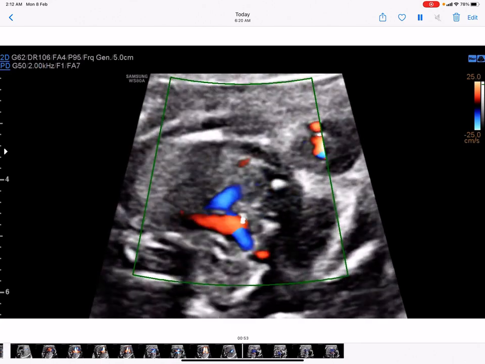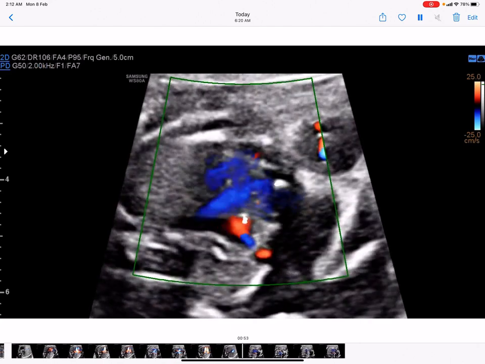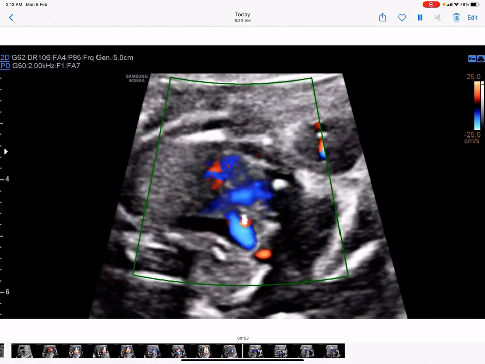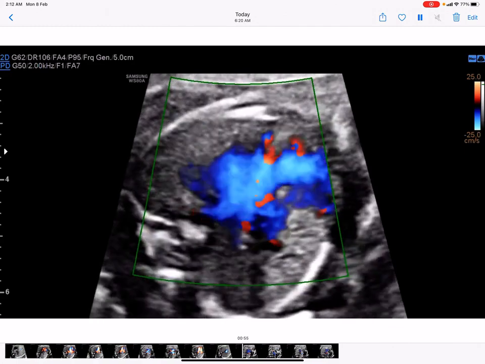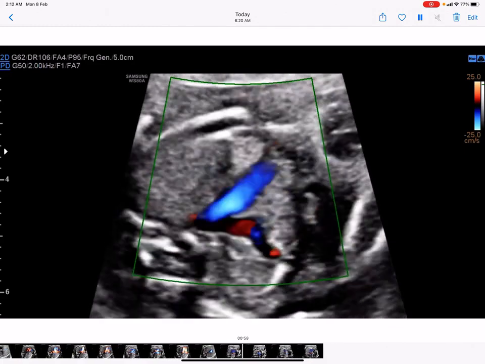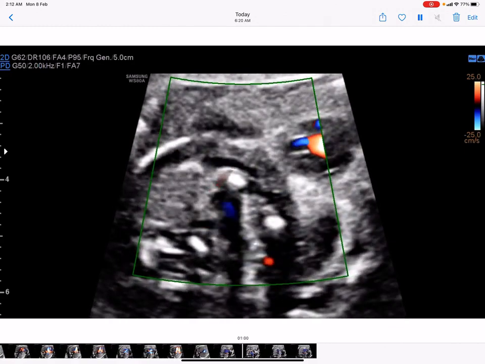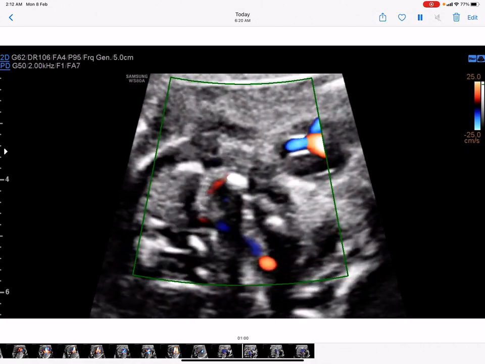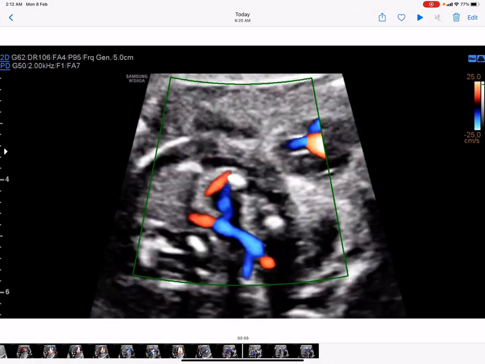Okay, now we can see that there is no vessel coming from the tip of the V confluence. So we move up, that is cranially, and now we can see a vessel. Can you see this vessel? Yeah, this blue vessel. Okay, I'll mark again.